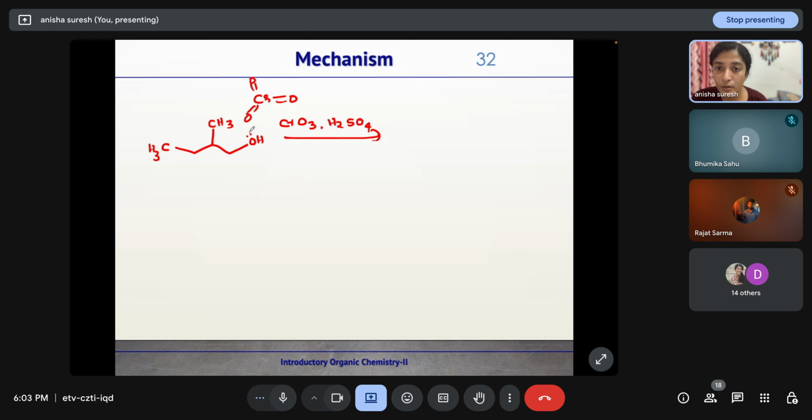This oxygen lone pair will add on to chromium, and this will abstract the proton from the medium. This is aqueous H2SO4 medium. Then O, Cr double bond O, OH, double bond O.